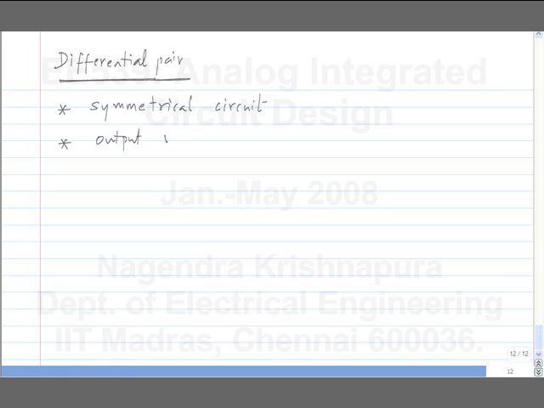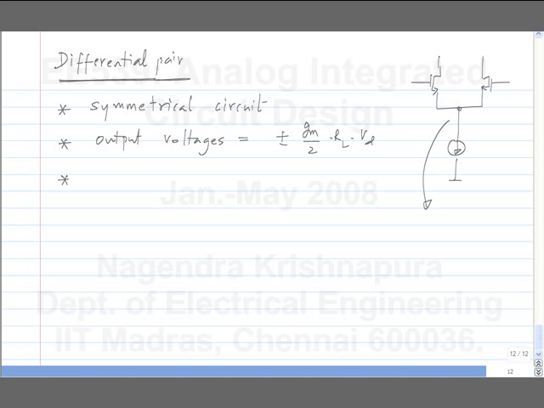So here the output voltages, I mean the increment in output voltages. And this node is known as the tail node or the source coupled node.